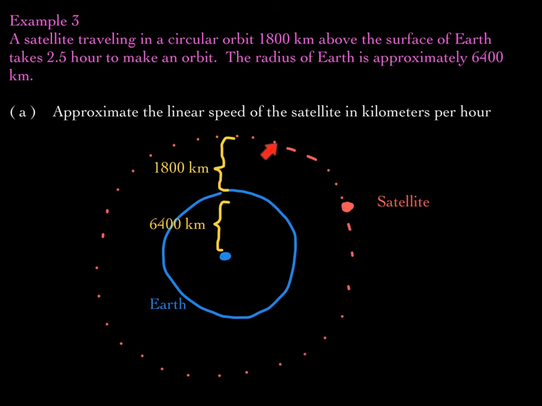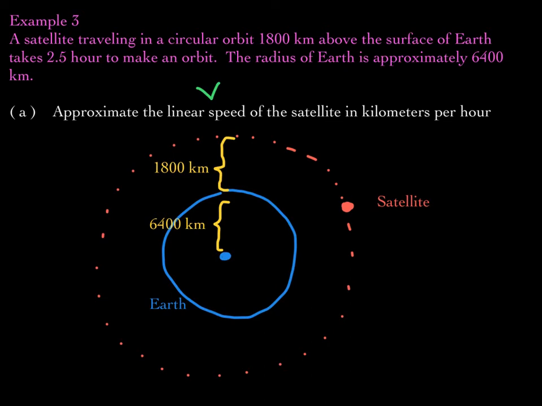Now, the radius of Earth is approximately 6,400 kilometers. Approximate the linear speed of the satellite, now remember linear speed is v, in kilometers per hour.